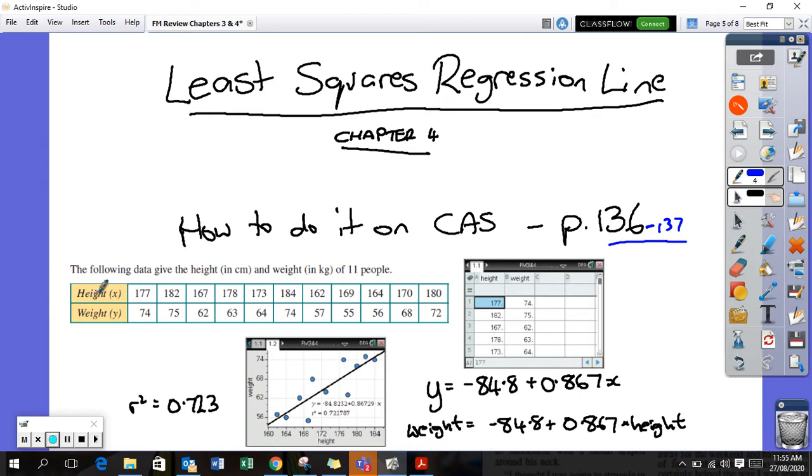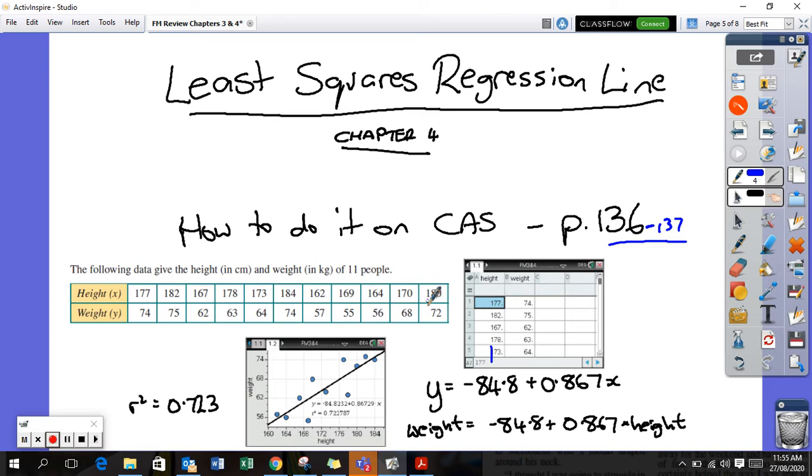We've got our X variable and our Y variable. We put them into a list and a spreadsheet on our CAS. Our X's are the heights, our Y's are the weights. List them down. Make sure that if they're together here, 177 and 74, they're together there, and 178 and 63, that they're together.